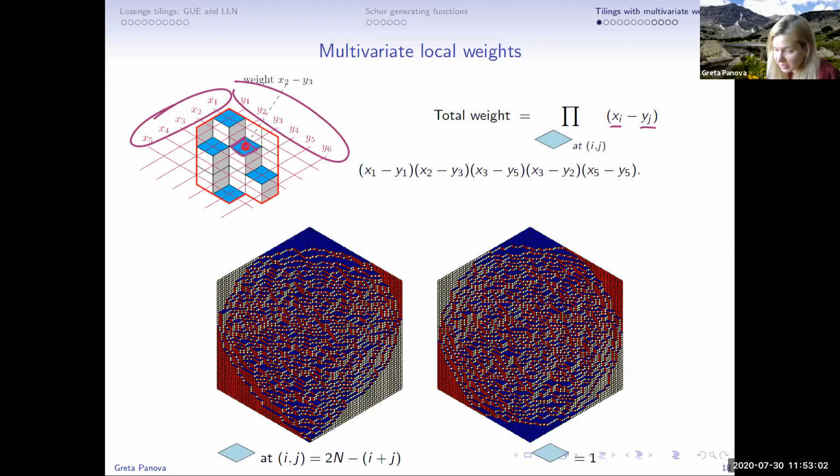And here are some simulations of what a typical lozenge tiling would look like. So this is local weights equal to 1. This is the same as our uniform case. And this is the case where xi is n minus i and yj is j minus n, for example. And this is 2n minus i plus j, something.